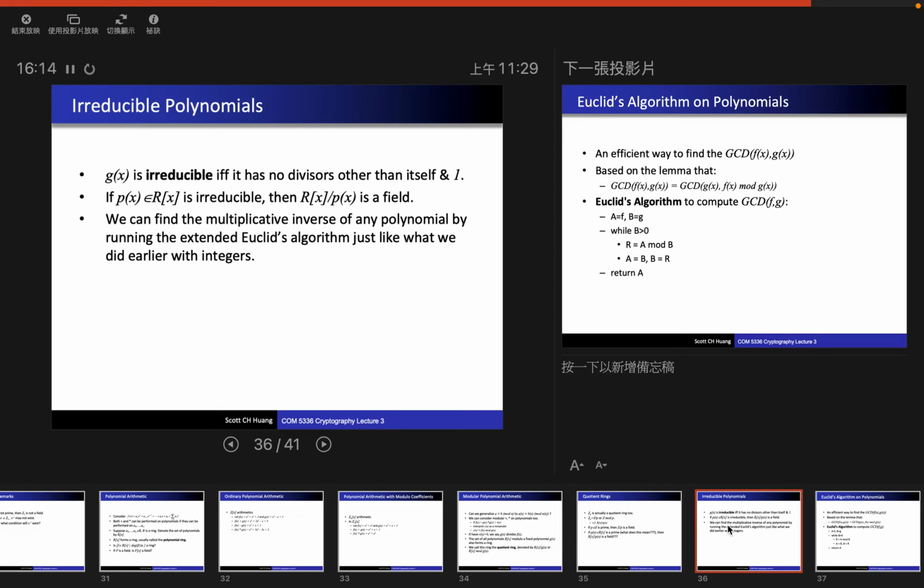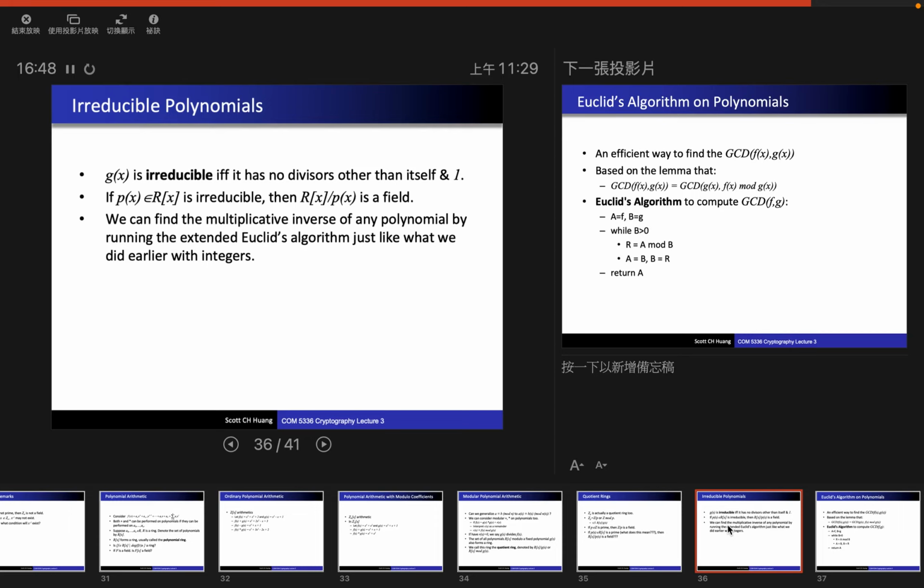If we're looking at ordinary integers, this is irreducible. It is irreducible in R[x], if we look at real numbers, but it's not irreducible in C[x]. And it's irreducible in Z[x], but it's not irreducible in Z2[x] or F2[x].